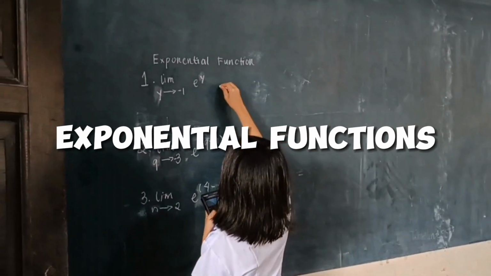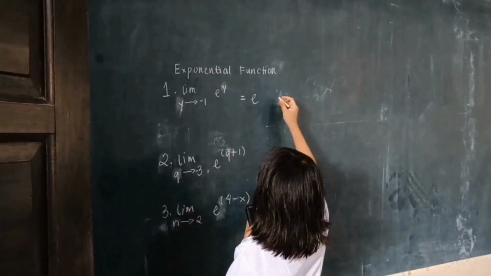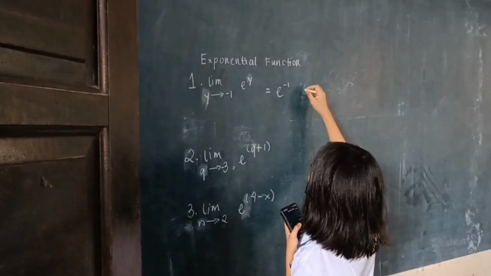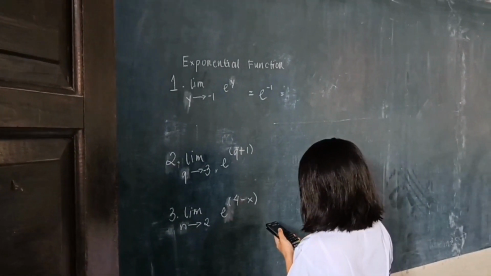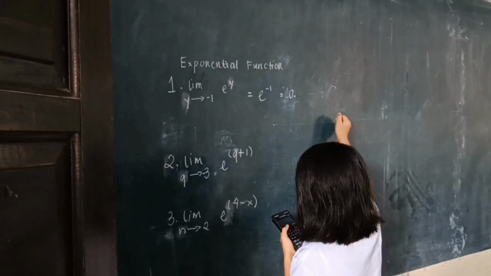Exponential function. For example number 1, the limit as y approaches negative 1 of e to the power of y is equal to e to the negative 1. Substituting negative 1, e to the negative 1 is equal to 0.38.